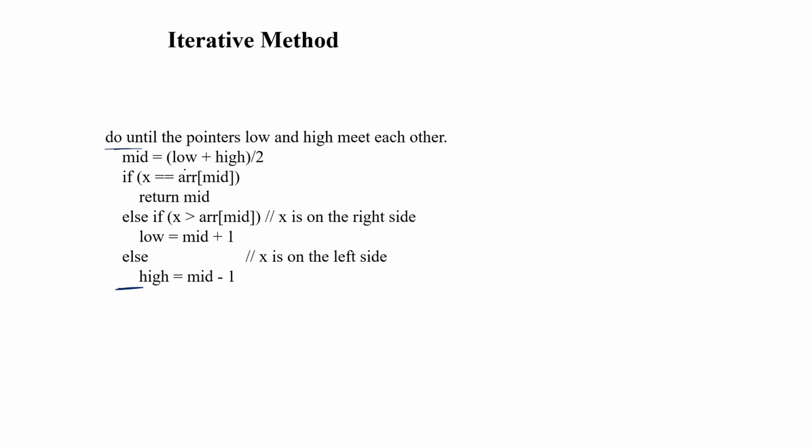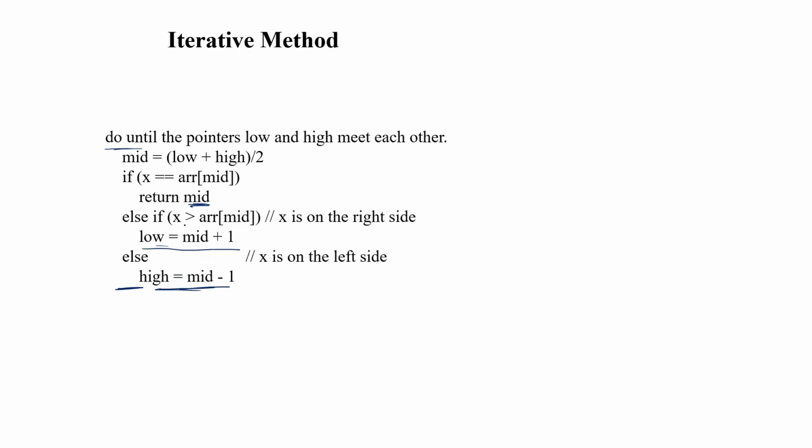First step, mid is equal to low plus high by 2. Then we check if x is equal to array of mid, then return the position of that index, that is mid. Else we check whether the value is greater or less. If it is greater, we change the low index. If it is less, then we change high to mid minus 1. This is the iterative method.